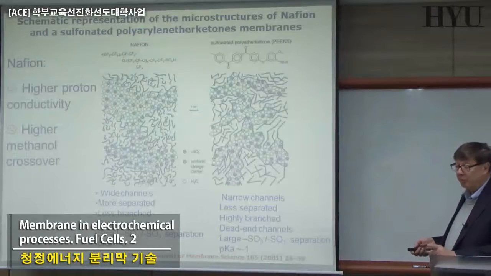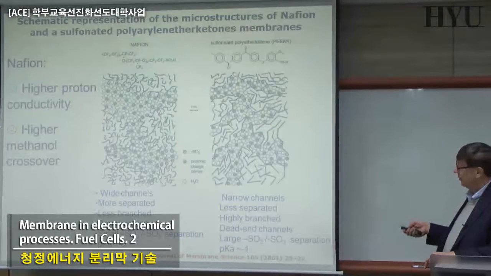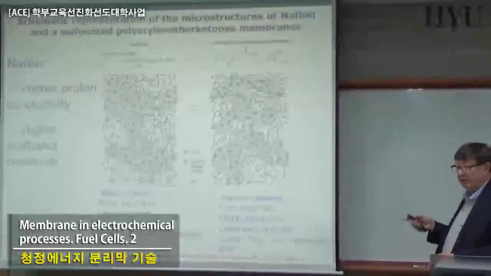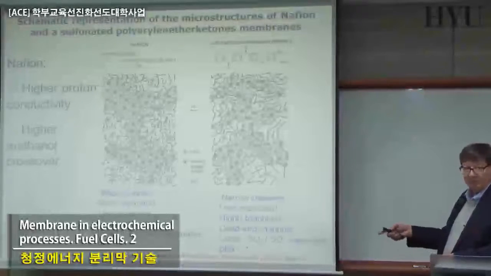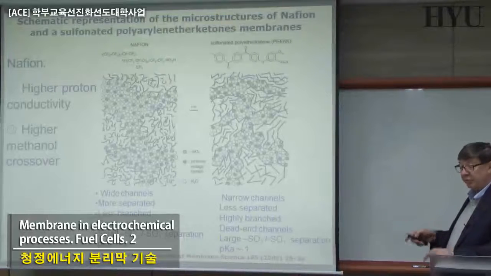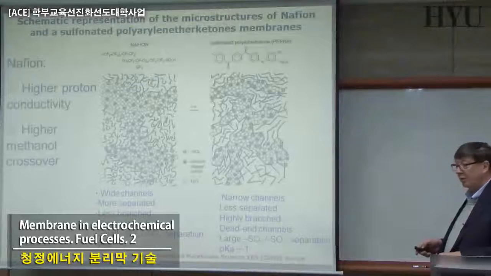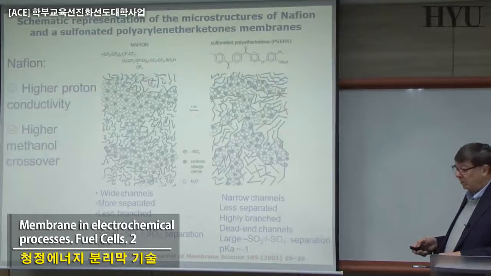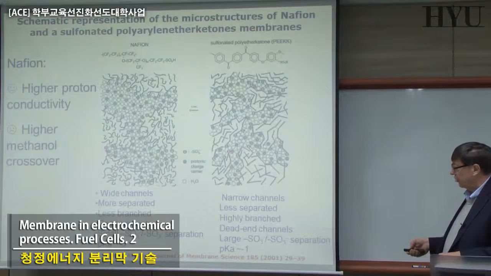That's being successful. Plus, you have narrow channels that give you the possibility to avoid this methanol crossover. That is the characteristic needed for a methanol fuel cell. This can be of interest, and that is at the origin of this possible competition.